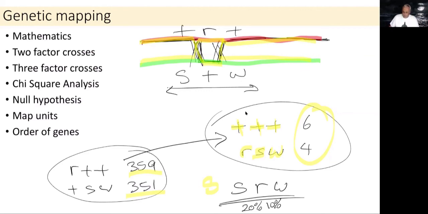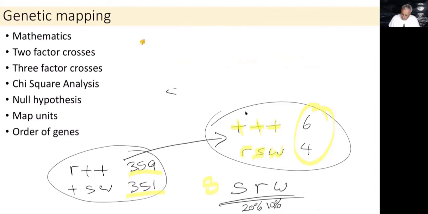So if we were to redraw the figure at the top in a very quick fashion, we could now redraw things. We don't know which side the centromere is on, by the way, so we're just going to draw it without the centromere, all right? So we could say something like this. Here's one chromosome, and here's the other chromosome.